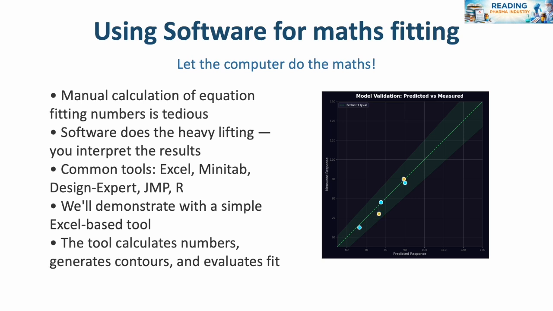Commonly used software includes even Excel, and if you are good with coding, you can use R or Python. There are other software like Design Expert or JMP. I use Python quite a bit, so I highly recommend it as well.